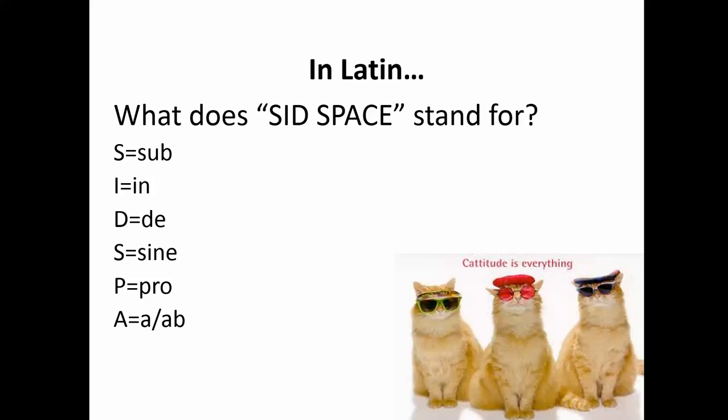The A is for a or ab. And the reason why there are two here is because you use just the letter a when the object of the preposition starts with a consonant. So for example, I would say a cane, and that would mean away from the dog. However, if I wanted to say away from the water, water in Latin is aqua.